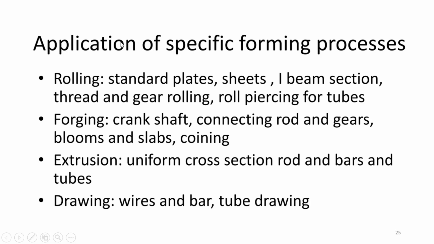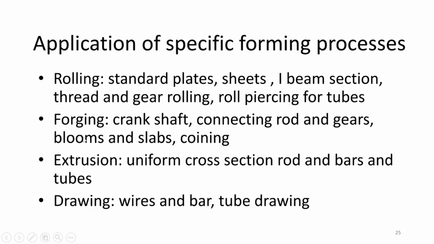For example, if you are asked which of these forming processes is used for a connecting rod, you can't answer extrusion, drawing or rolling. You should know that it is made using forging, because forging provides good final properties. There will be compressive residual stresses in the products after that, and these provide good fatigue properties.